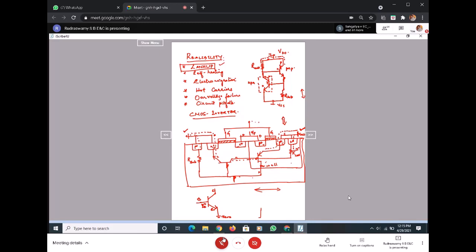A simple NPN transistor, common emitter configuration. Yes. Base emitter forward bias. Base emitter should be forward biased, and I want minimum of 0.7 volts for the IB to flow, right? So my base to emitter potential should be minimum 0.7 in order for IB to exist.